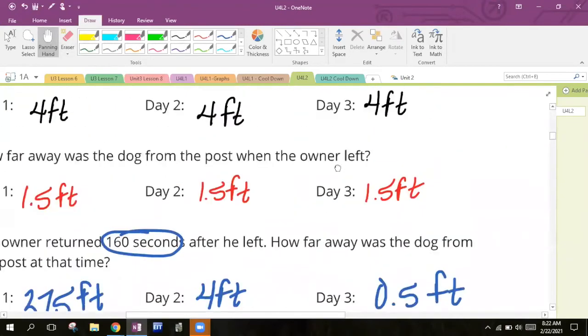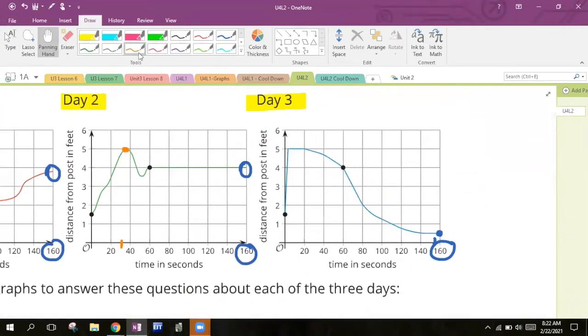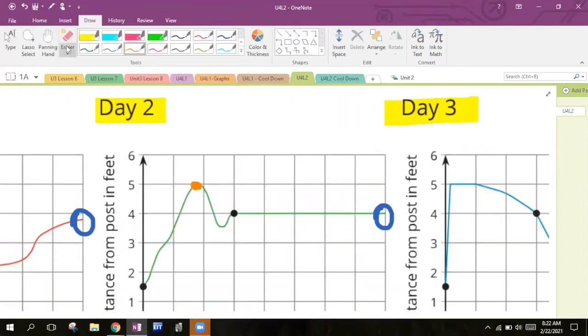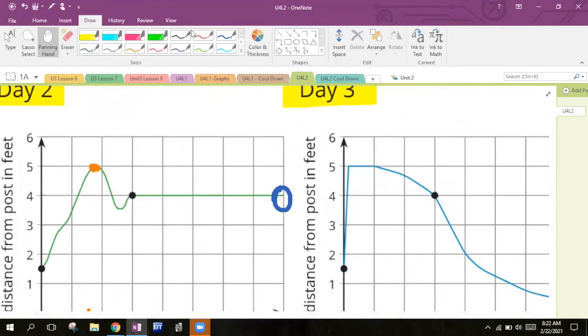All right, day three, that peak point, if you look real carefully in your book, it actually kind of plateaus up there, like it gets that peak, but it stays like that all the way to there. So how much time had passed when he was at that furthest point?